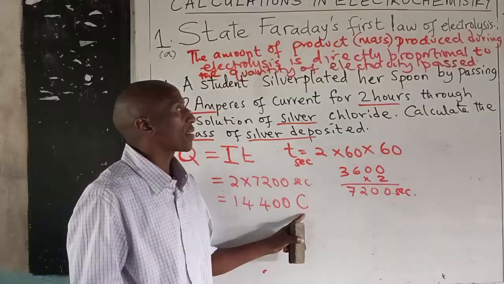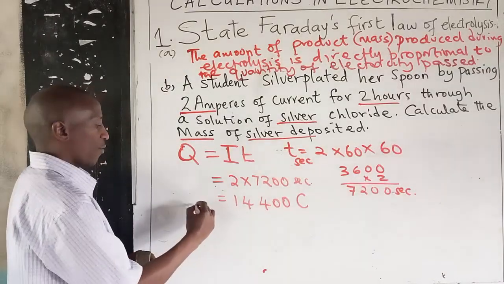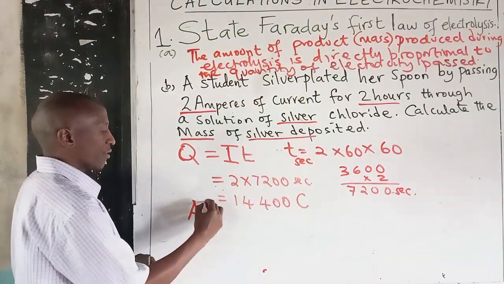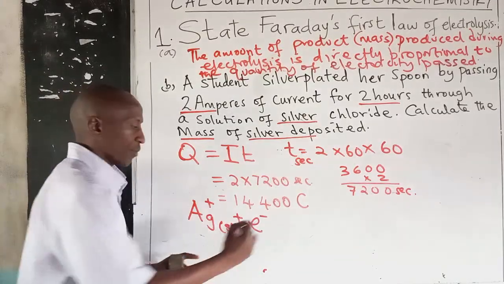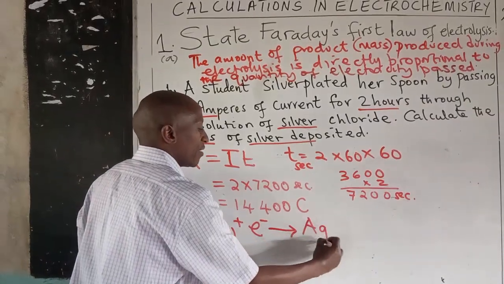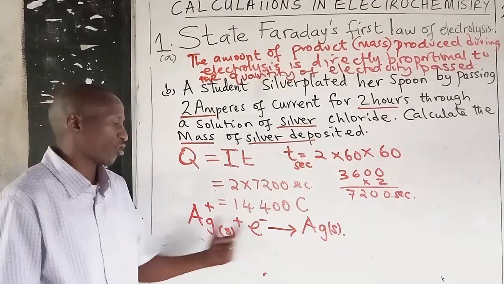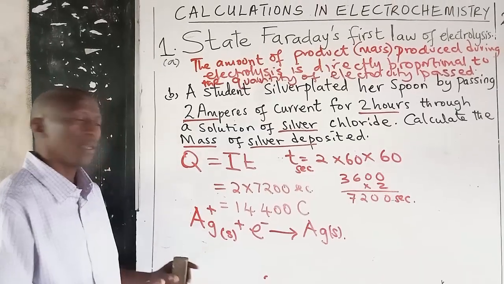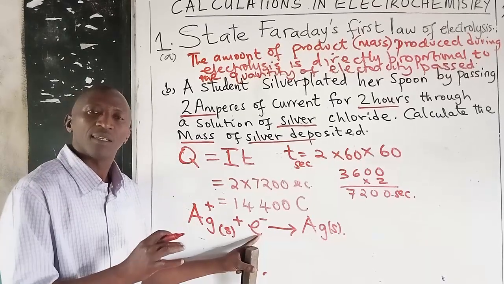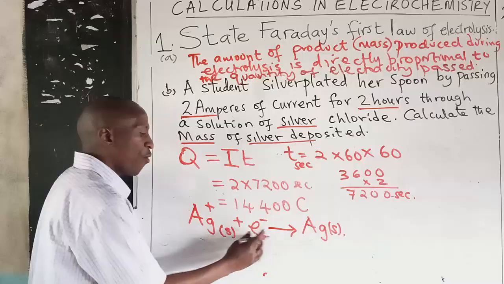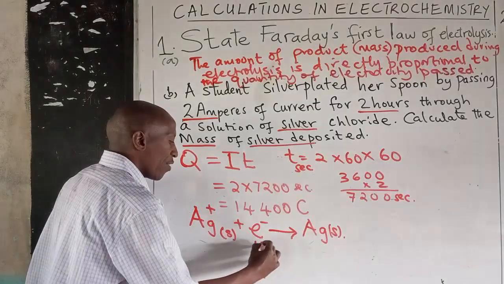Now, let's look at the equation. Practically, what happened in the electrolysis? We see that the silver ions with a single charge received an electron, and they were deposited as a silver atom. So what does this lead us to? It leads us to see that where we show an electron, quantitatively, we are referring to 1 mole of electrons. 1 mole of electrons is equivalent to 1 Faraday.